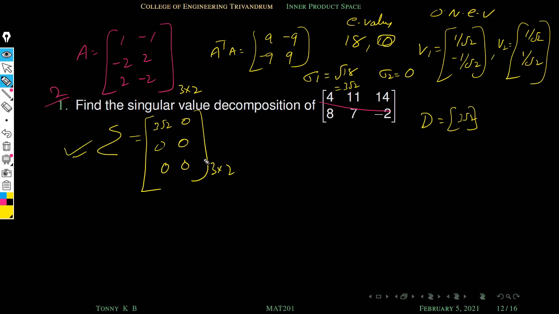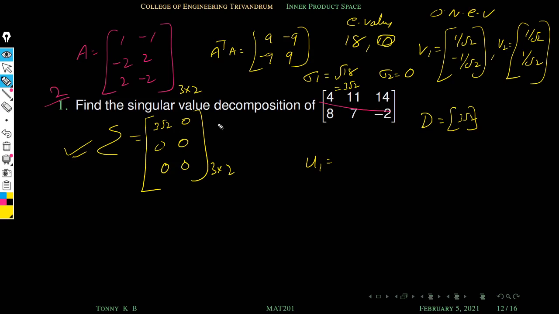How to construct U? To construct U, what about U1? What is U1? By definition, U1 is A V1 divided by sigma 1.